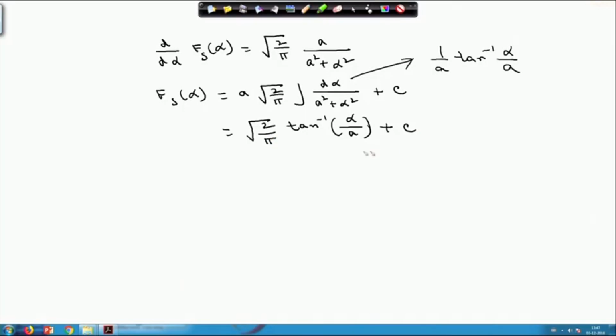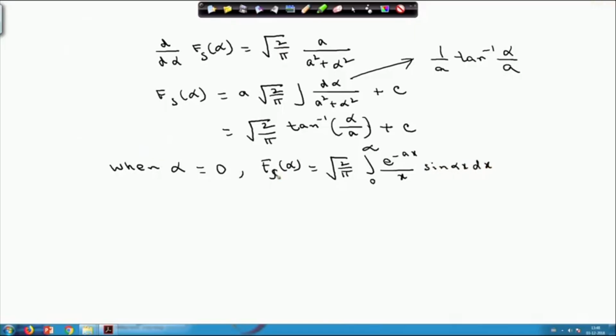So, now you have to do what? You have to now find out the value of c only. To find out the value of c, what you will do: when alpha is 0, what is f_s(alpha)? I have to find out. Your f_s(alpha), if you remember, you have written, equals root over 2 by pi, integral from 0 to infinity, e power minus a x by x into sin of alpha x dx.